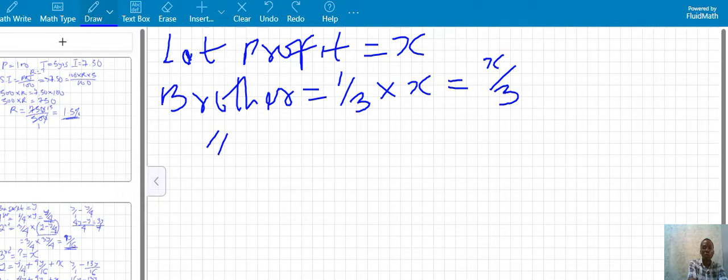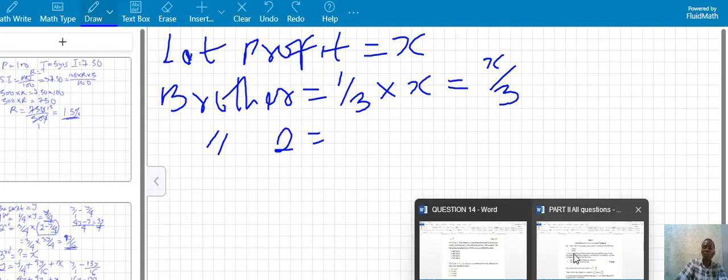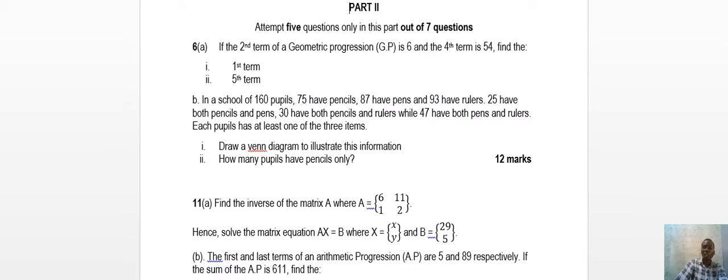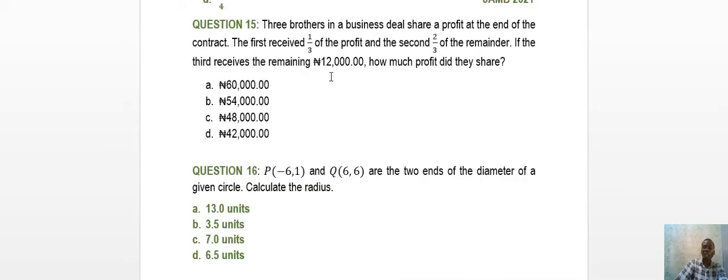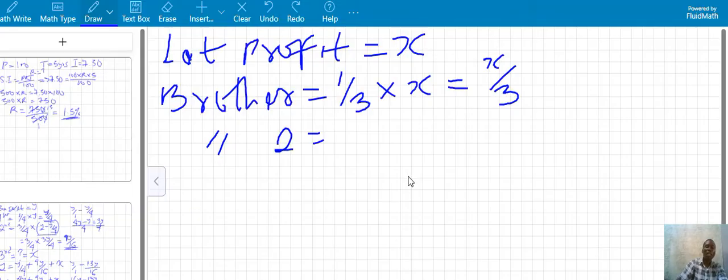Now brother 2, we are told brother 2 has 2 over 3 of the remainder after brother 1 has taken his 1 over 3. So let's look at that. He has 2 over 3 of the remainder.